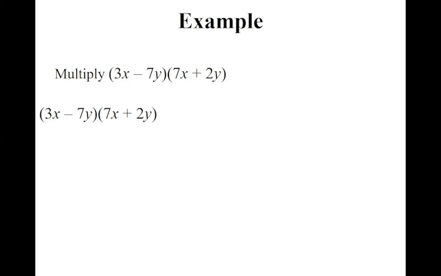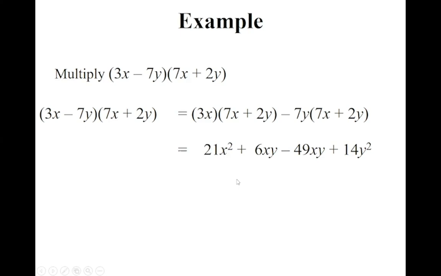It's the same that we would get if we did it the old-fashioned way. Take the 3x times the entire 7x plus 2y. Take the minus 7y times the entire 7x plus 2y. First, outer, inner, last. We get the same 4 terms.